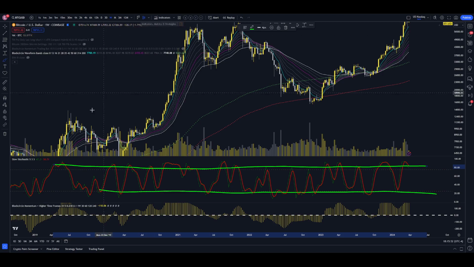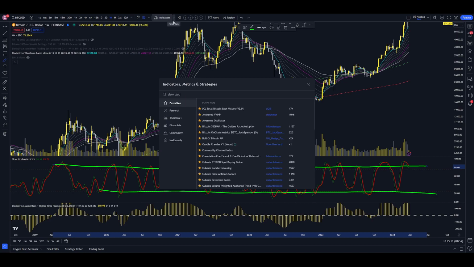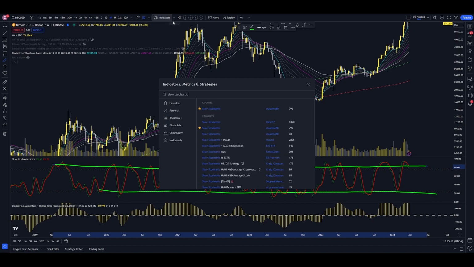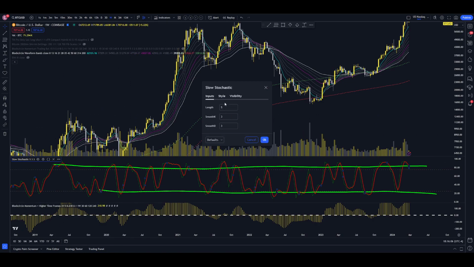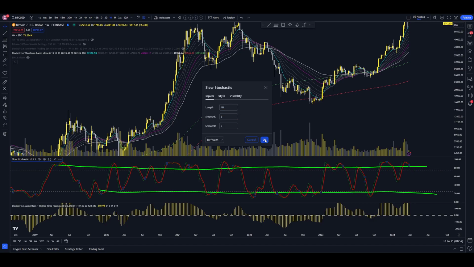And I should have noted this earlier, but I think I noted this in the indicator video. If you want this exact slow stochastic, you can just type in on TradingView, slow stochastic. There's one here by Claudino, which I think is fine. And then you go into your settings, inputs, and I use 533 as my settings. I think 1053 is also a really good one.